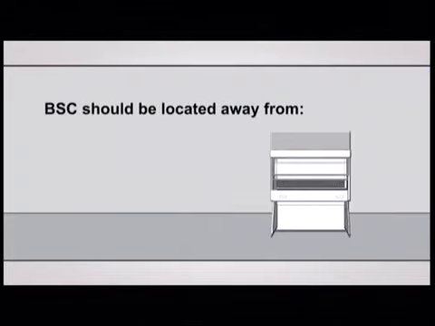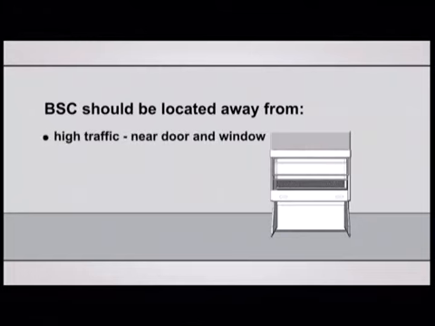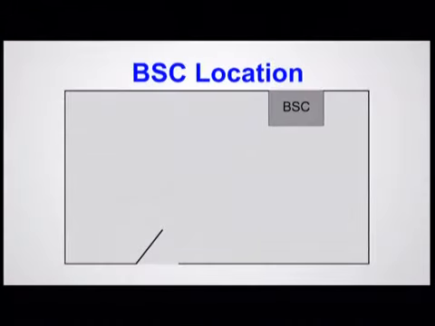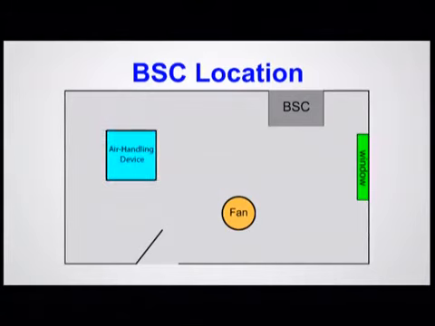If the BSC is going to recirculate its HEPA-filtered air back into the laboratory, the user has some freedom regarding the installation of the unit, provided it is out of major traffic areas and there are no other air handling devices in the area. The cabinet should be located away from high traffic areas such as near doors, fans, ventilation registers, fume hoods, and any other air handling device that could alter airflow patterns.